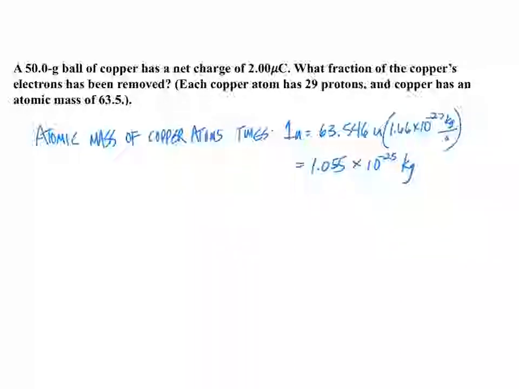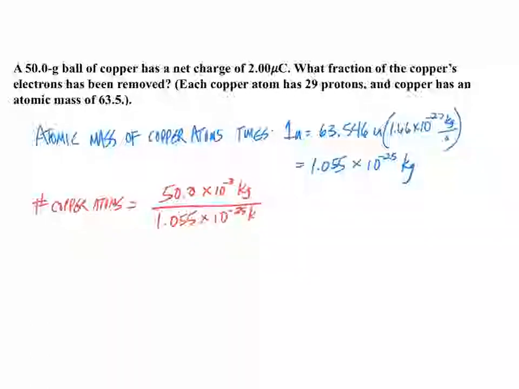So the number of copper atoms is going to be that 50 grams, or 50 times 10 to the minus third kilograms of the copper ball itself, divided by the mass of each individual atom in copper. And that gives us 4.739 times 10 to the 23rd atoms in this copper ball.